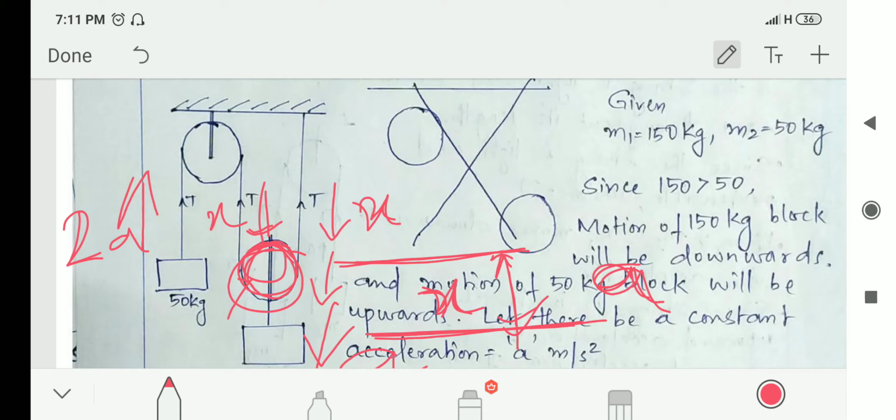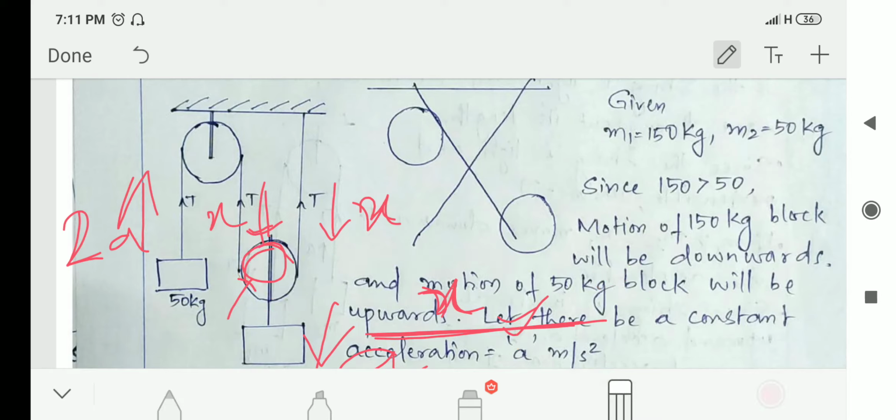So suppose the acceleration of this 150 kilogram bearing pulley is small letter a, the acceleration of the 50 kilogram block will be 2a, because it covers more distance in the same time, right? So I hope it is clear how we do that.